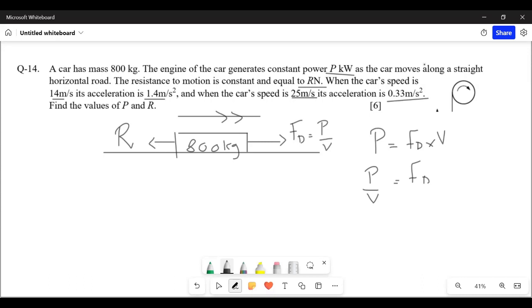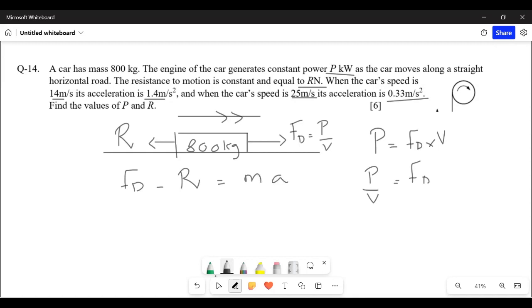Okay. So let's use the formula forward minus backward is equals to ma. So forward force is going to be driving force, minus backward force, which is the resistance, is equals to MA.